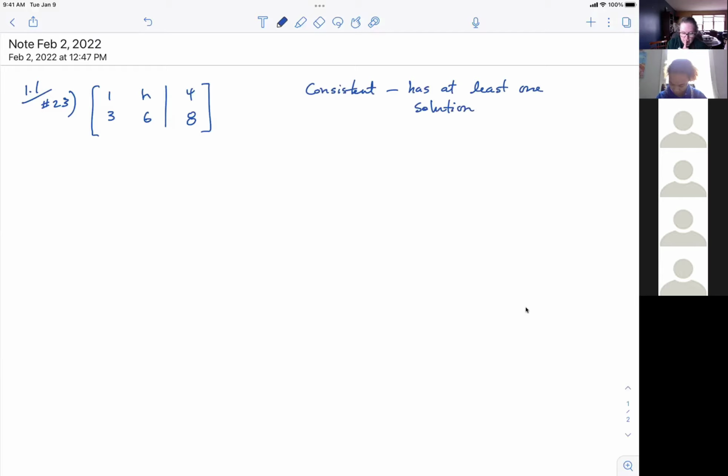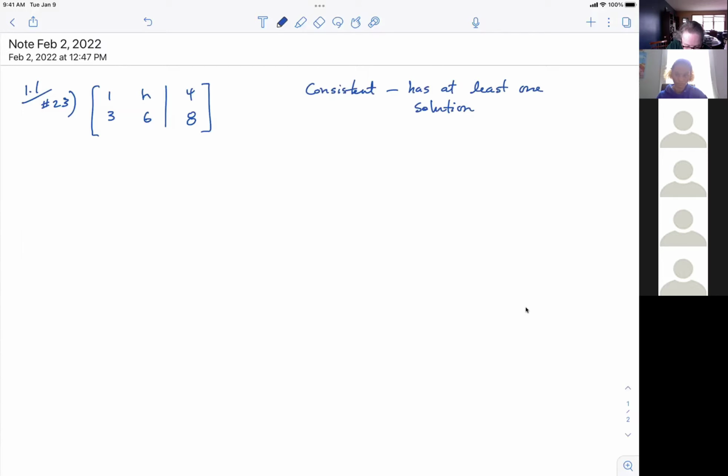Okay, and the way that we know a system is consistent is that it's not inconsistent. That sounds a little bit strange, but that's actually the way to determine that.